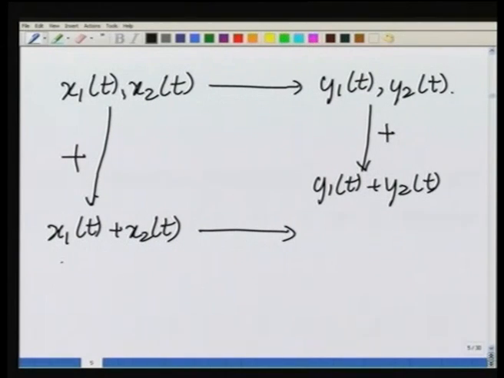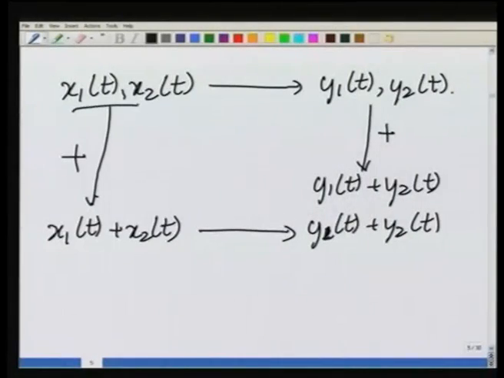If x 1 t and x 2 t added together to give x 1 t plus x 2 t, that signal is applied to the input, then if the output is again equal to y 1 t plus y 2 t, then this system is linear. In short, this system is additive.